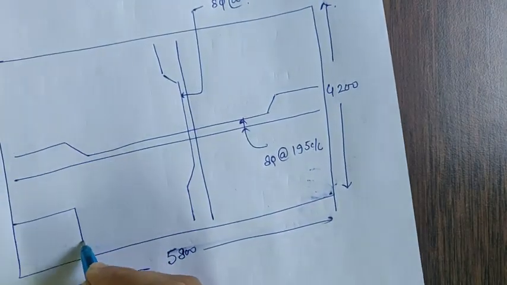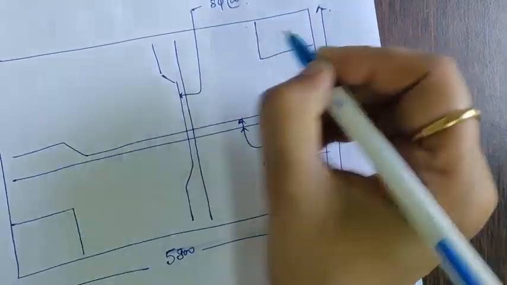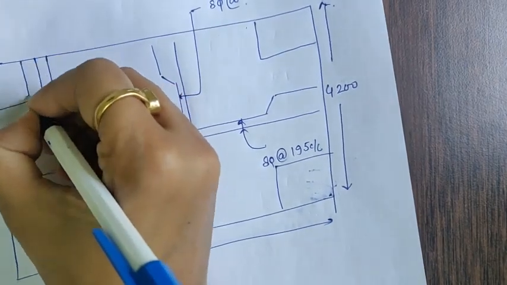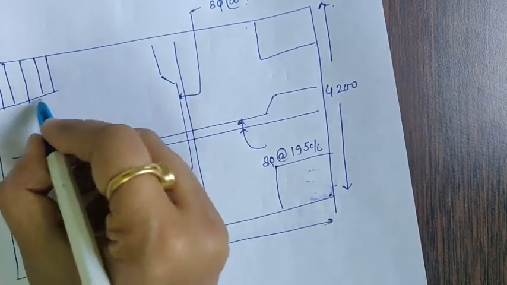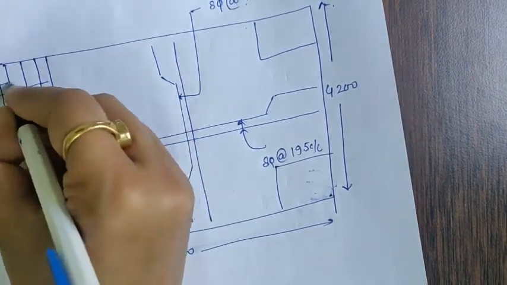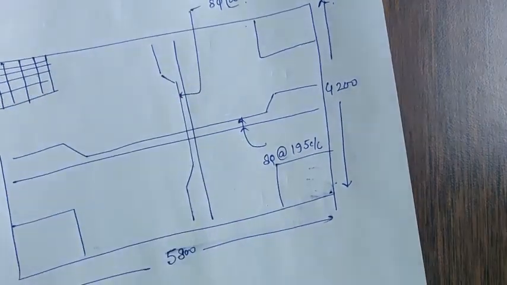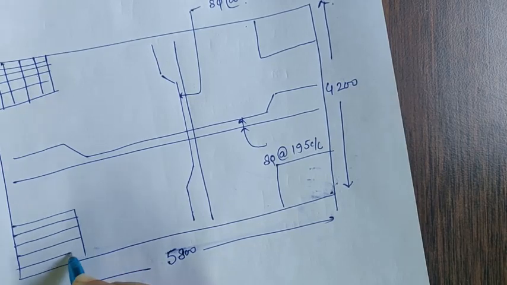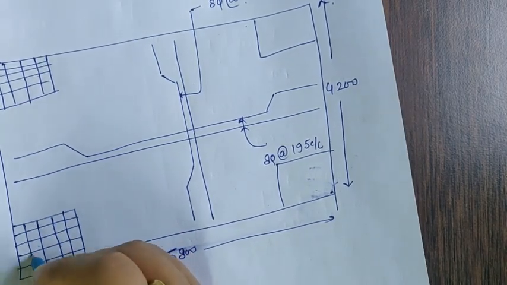Along all the corners, we are providing the mesh of 5 bars. 1, 2, 3, 4, 5. Similarly, 1, 2, 3, 4, 5. So 5 bars in the mesh.